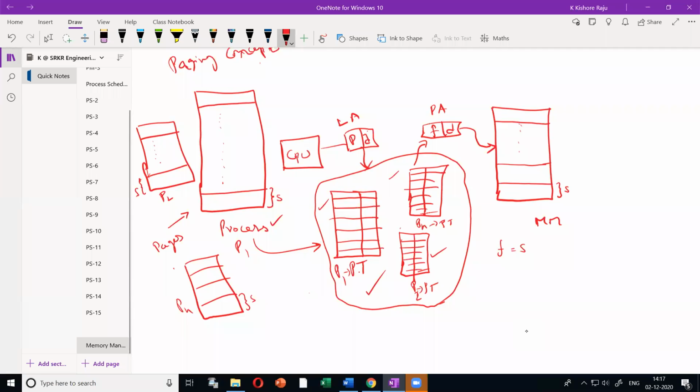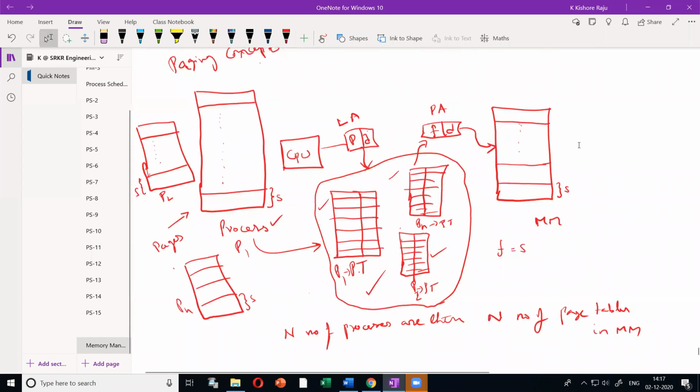If n processes are there, then n page tables in main memory.